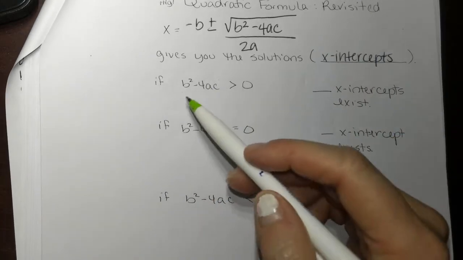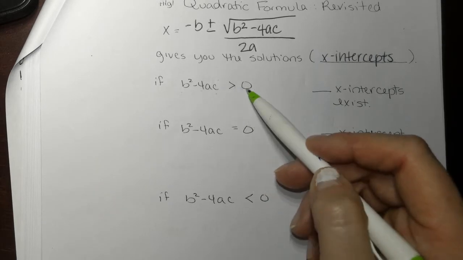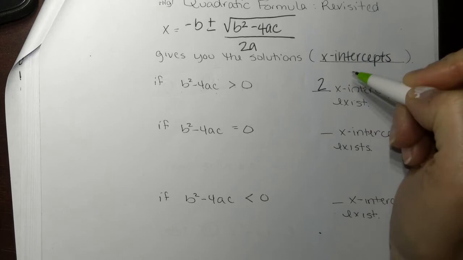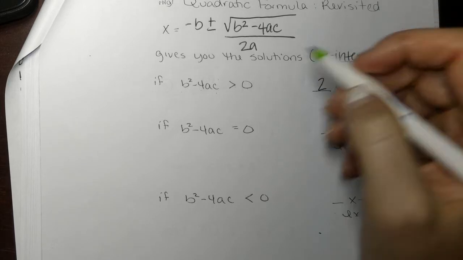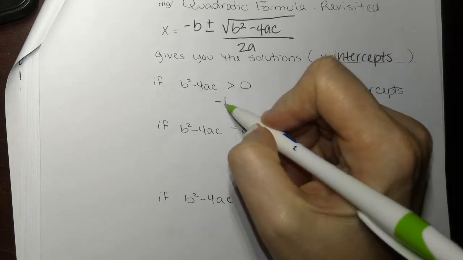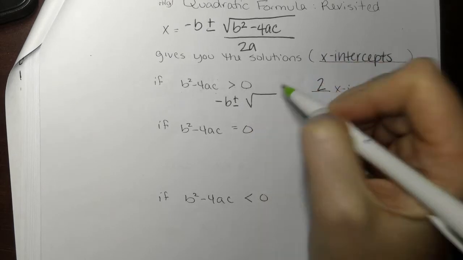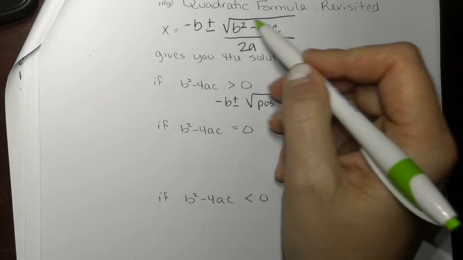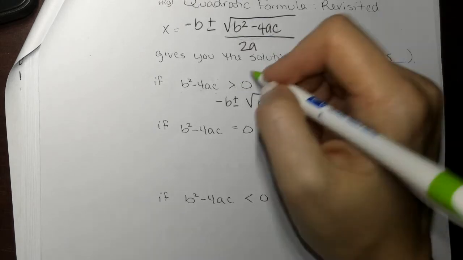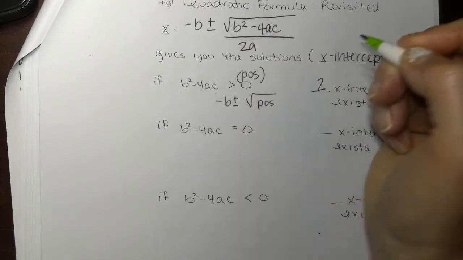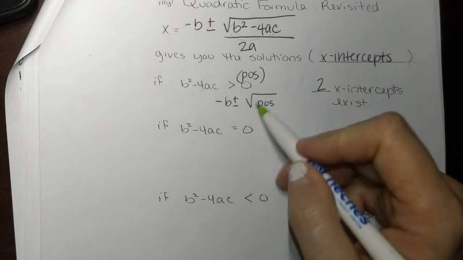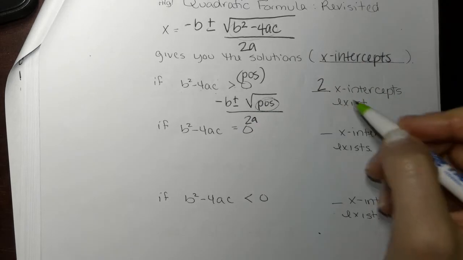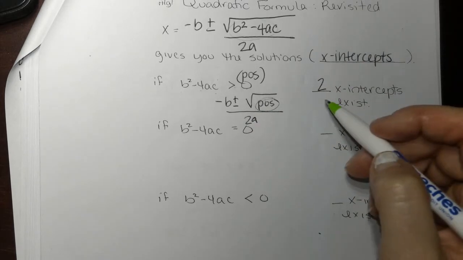Alright, so let's look here. It says if b squared minus 4ac is greater than 0, then you're going to have 2 x-intercepts that exist, because you're going to have a negative b plus or minus the square root of something positive. If the number inside the square root is positive over 2a, then you're going to have 2 solutions.